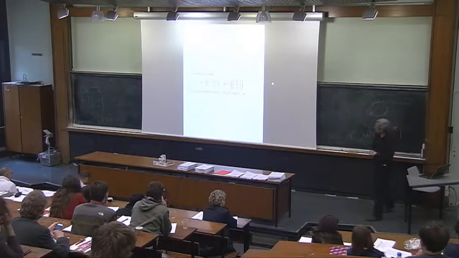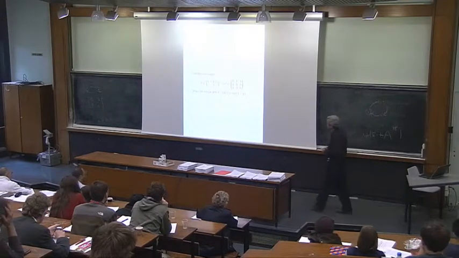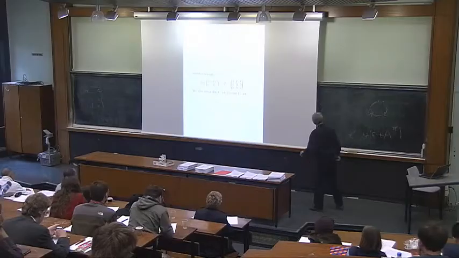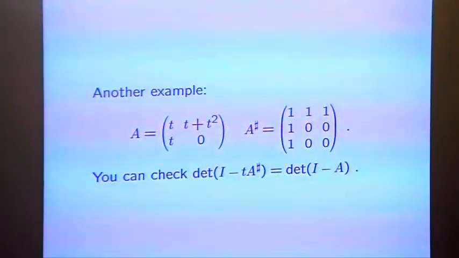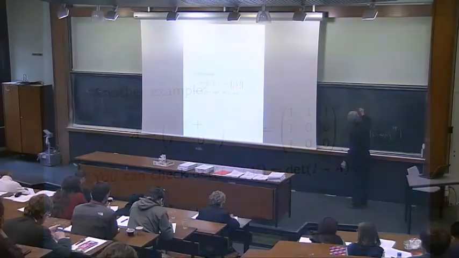Okay, here's a more complicated example, not very much more. So there's A, which is T plus T squared, T, 0. What's A sharp? Well, what's the graph?